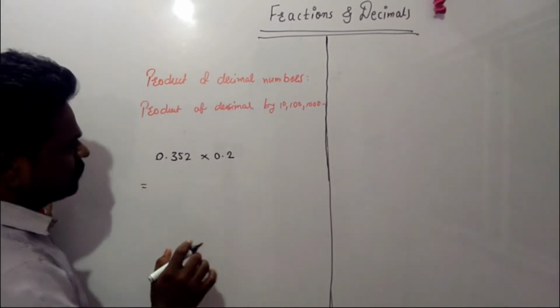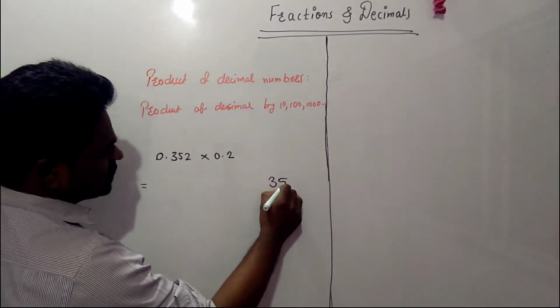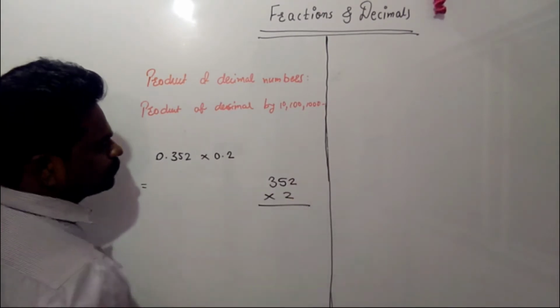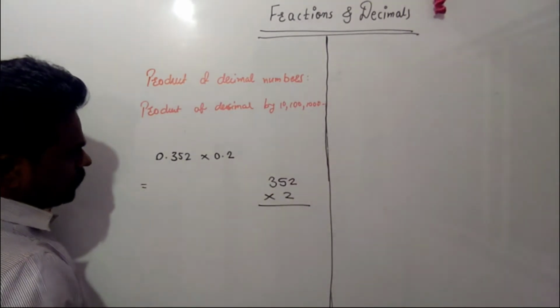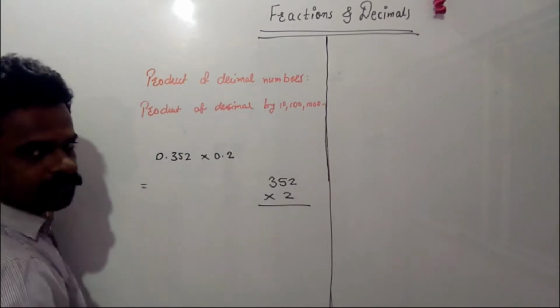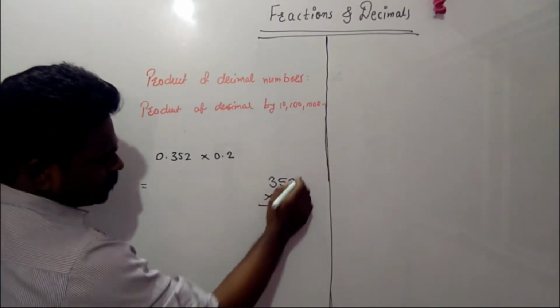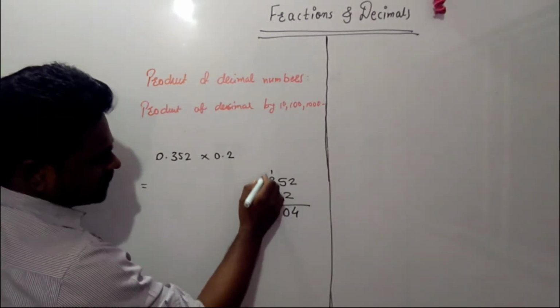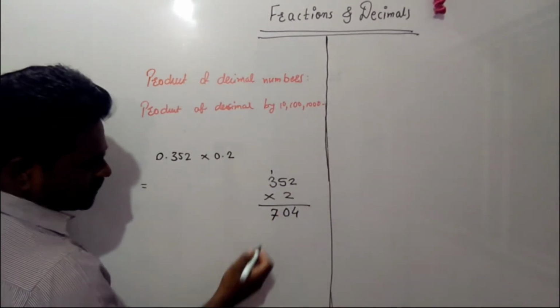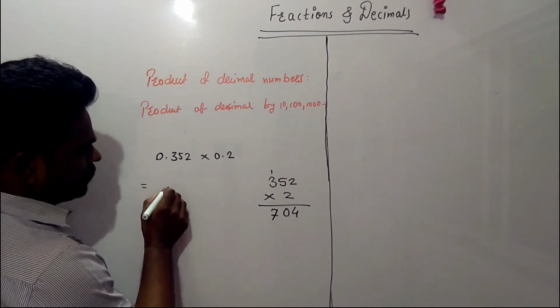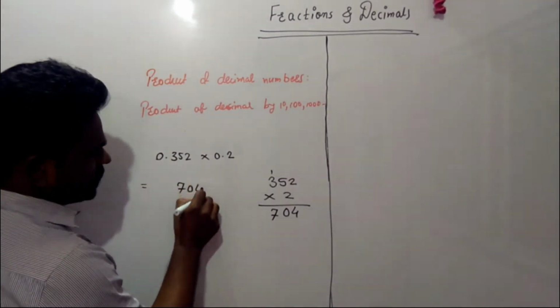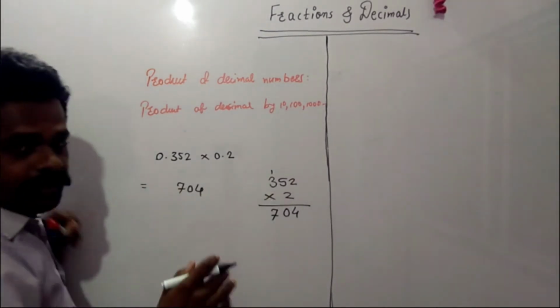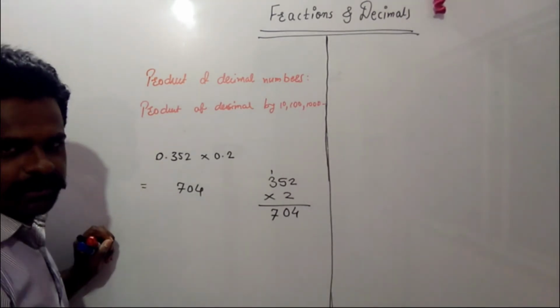If we remove the decimal point, your number will be like this, 352 into 2. See, 2 2s are 4, 2 5s are 10, 1 carried, 2 3s are 6 plus 1, it is 7. 704. So 704 is the answer of 352 into 2, after removal of the decimal point.